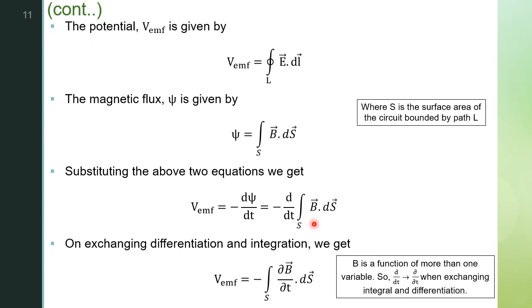But the flux density B is a function of more than one variable, that is, it depends on the dimensions as well as time. So when you take d by dt inside the integral, it changes to dou by dou t, the partial derivative. Hence, V EMF changes to minus integral over S of dou B by dou t dot ds. This is the induced EMF in a closed circuit.